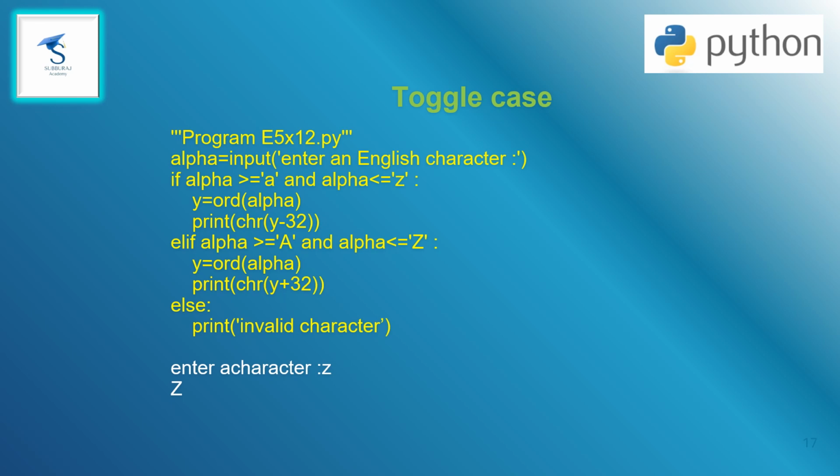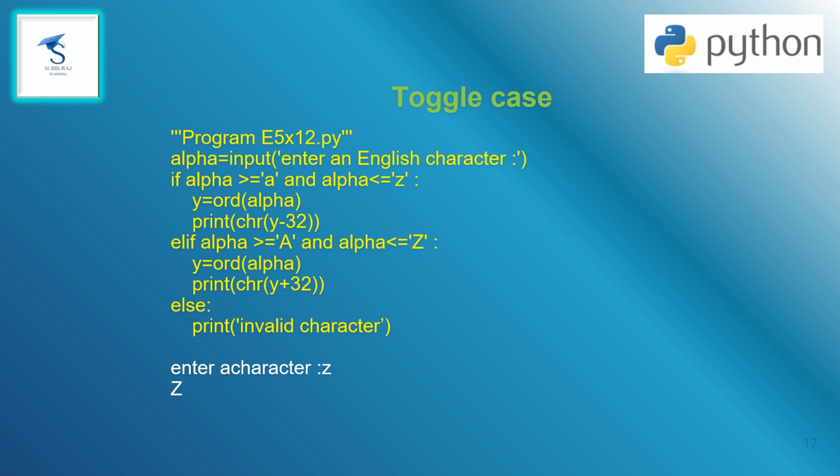Print, after this we have found it, suppose it is 75. Then you put chr of y minus 32. So 75 minus 32, you will get 43. See how it is done, because the difference between uppercase and lowercase letters is 32.